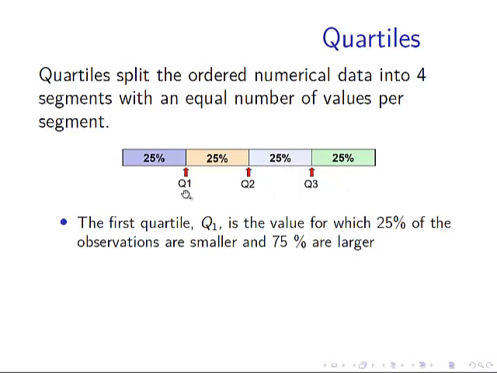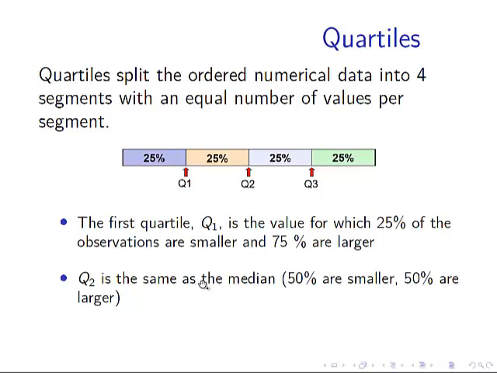Now let's explain the meaning of these quartiles. First quartile is the value for which 25% of observations are smaller. You see here 25% of numbers are smaller, and 75% of values are larger. Second quartile is the number from which 50% of values are smaller and 50% larger.